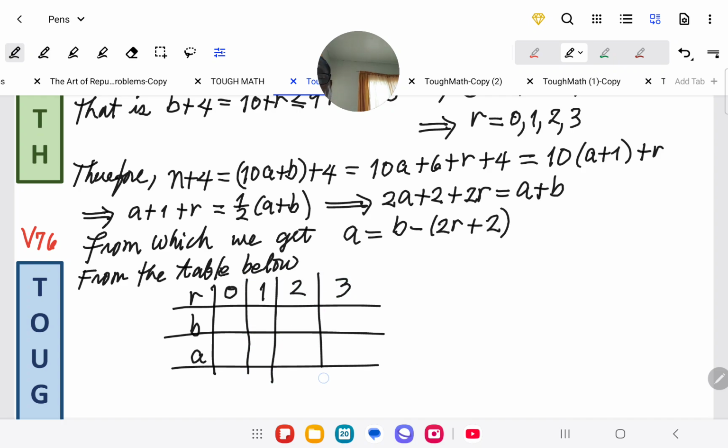Then b is 6 when r is 0, b is 7 when r is 1, b is 8 when r is 2, and b is 9 when r is 3. Correspondingly, when b is 6, a is 4; when b is 7, a is 3; when b is 8, a is 2; and when b is 9, a is 1.